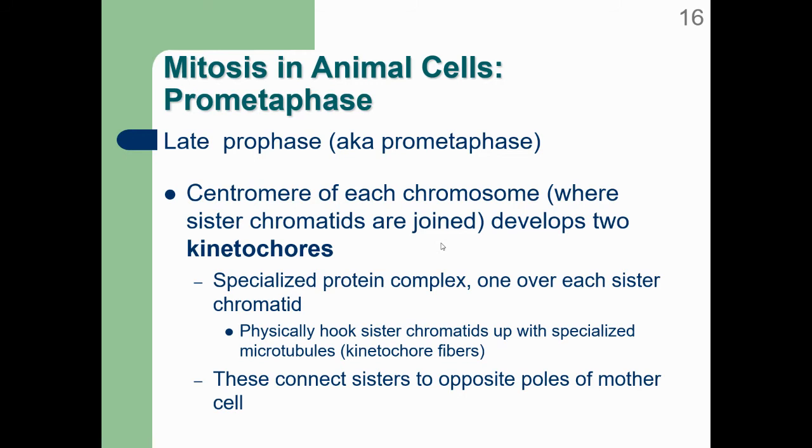If we're thinking of our spindles as being a fishing line, grabbing onto those chromosomes to pull them apart, the kinetochore would be where the hook of that fishing line grabs on to each of the sister chromatids. The kinetochore is a specialized protein complex. There's one on each of the sister chromatids, and that's going to let us pull them apart.